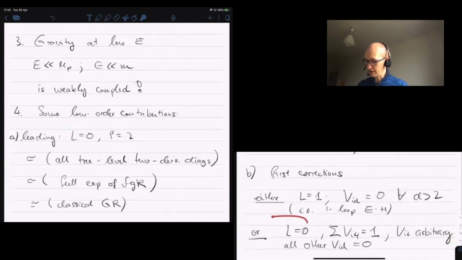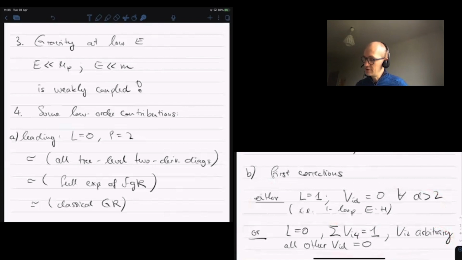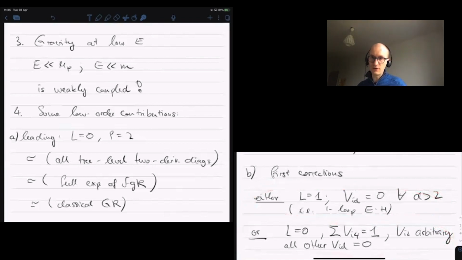So this will be something like a very finite range interaction, like a delta function even. And this thing will give you something that propagates over long distances, and that leads to a modification of the Newton potential. This modification of the Newton potential is therefore uniquely fixed by the Einstein-Hilbert term, by this kind of correction, okay?